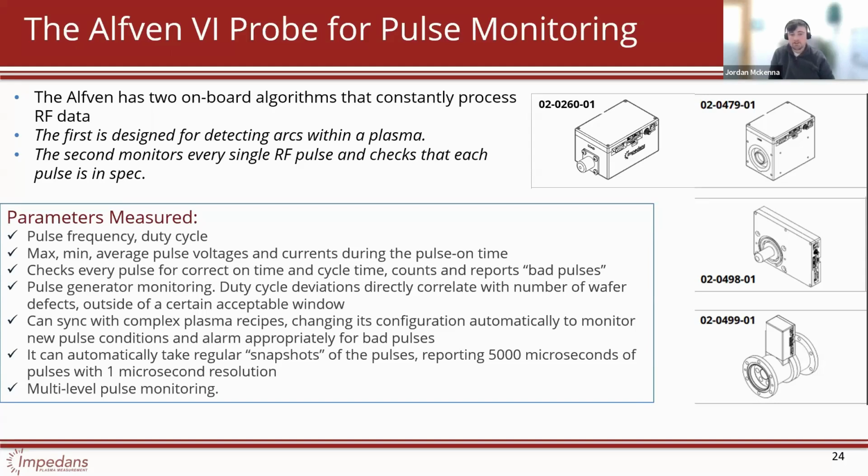Duty cycle deviations directly correlate with the number of wafer defects outside of a certain acceptable window. Similar to how we have an acceptable window for what we classify as an arc, we can also have a window for what we classify as a bad pulse. And again, we can use the snapshot function to look at our good pulses and our bad pulses.